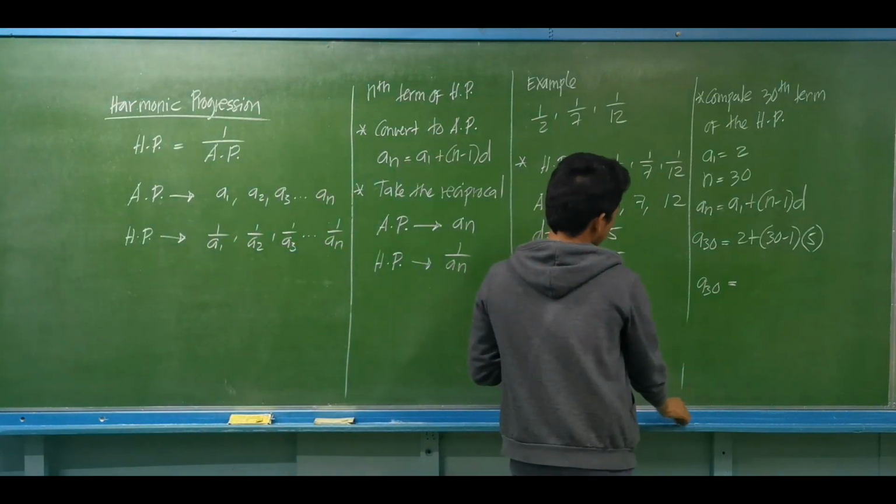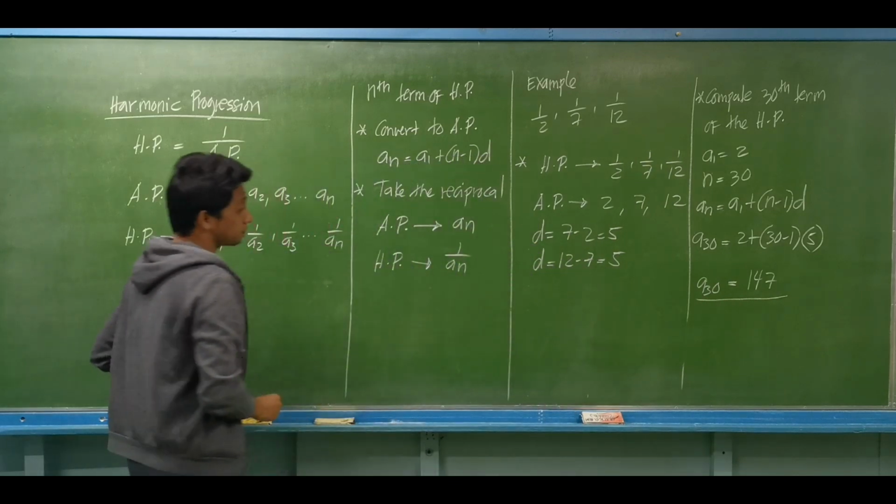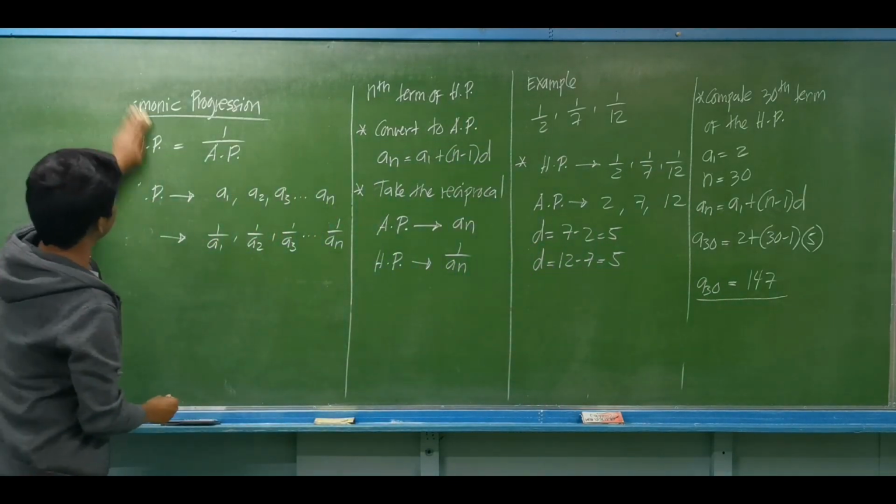So the 30th term is 2 plus 30 minus 1 times 5, which is equal to 147. That is the 30th term for the arithmetic progression.